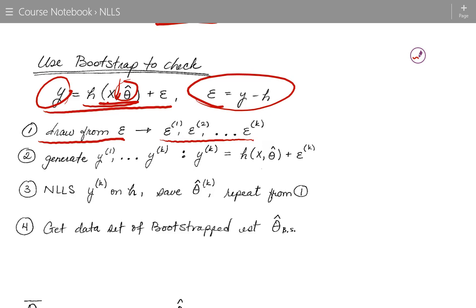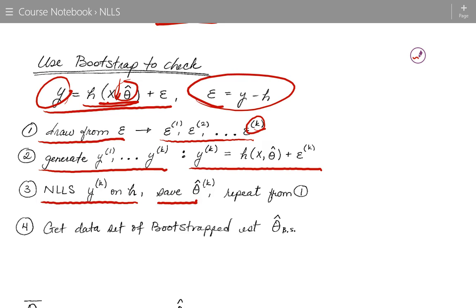You will then, so let's say, draw k values, and then you will generate a set of y's. So we have our set here of the model now for each of those draws, and then you do nonlinear least squares on h, right? So essentially k is going to equal your sample size here, and you would draw, and you would save that, and repeat it, do it over and over again.